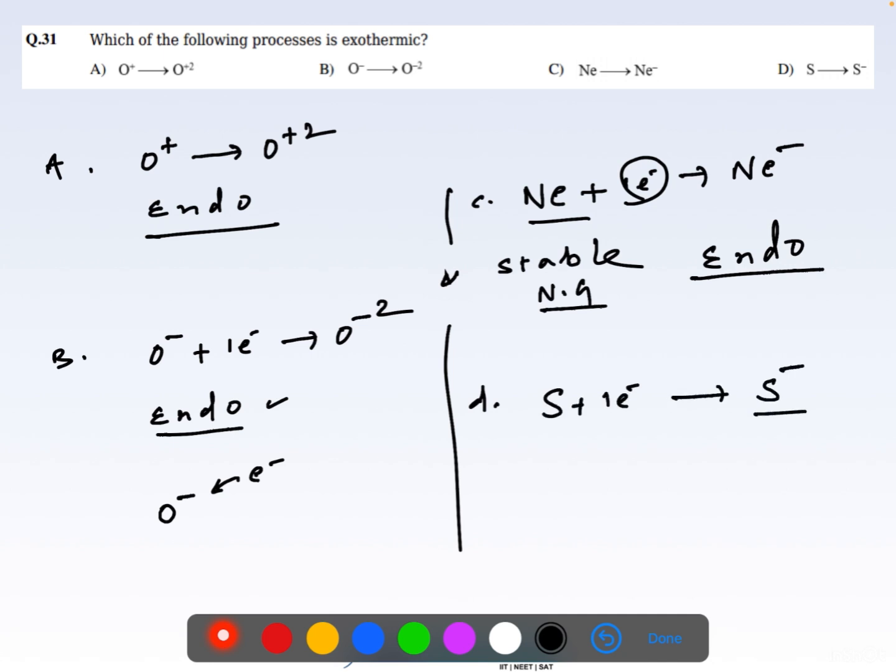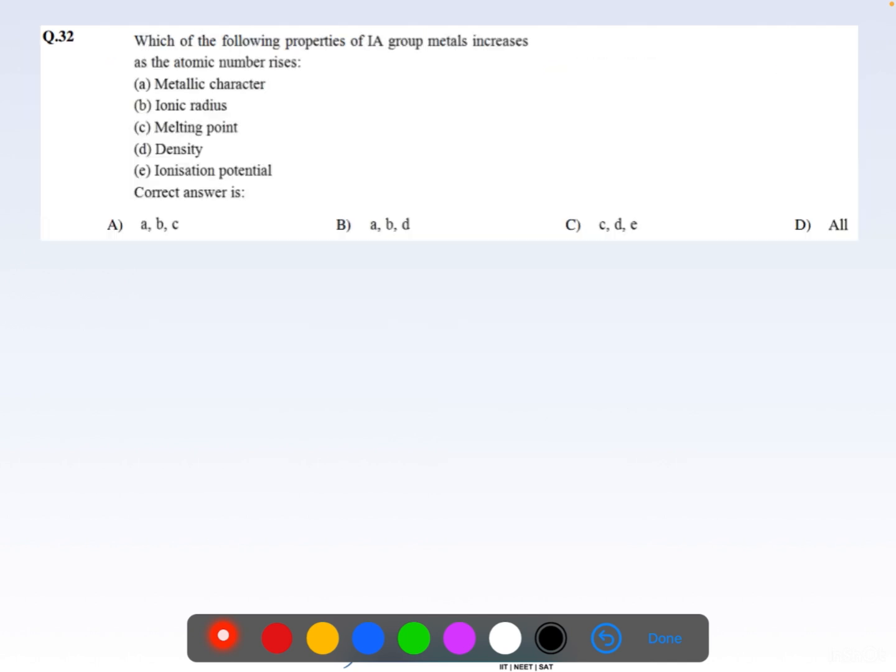Here the electron gets stability by interacting with the positive charge of the sulfur atom. Therefore the overall energy of the system decreases and energy is released in the form of heat. So it is an exothermic process. The correct option is D.